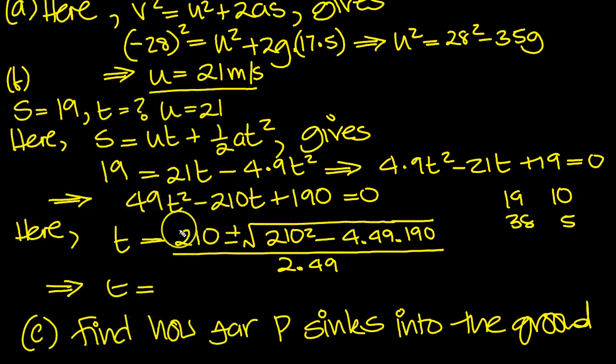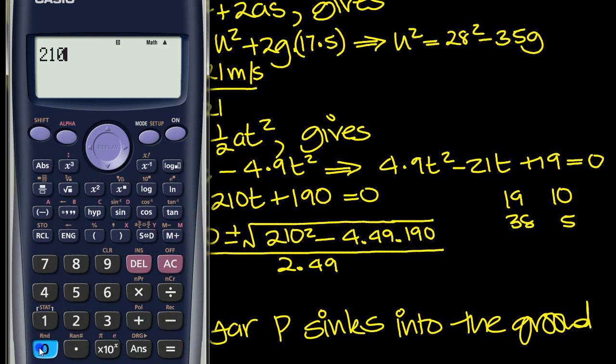Let me just have a look at that. It was 210, wasn't it? So it's 210, plus the square root, so I'll do the plus one first, 210 squared, minus 4 times 49 times 190. That's the square root.